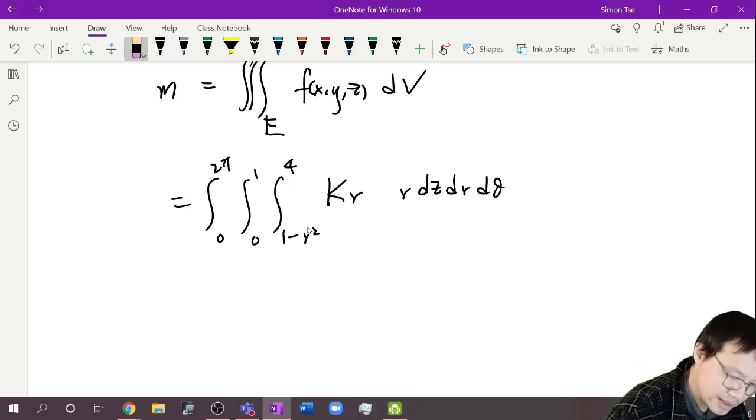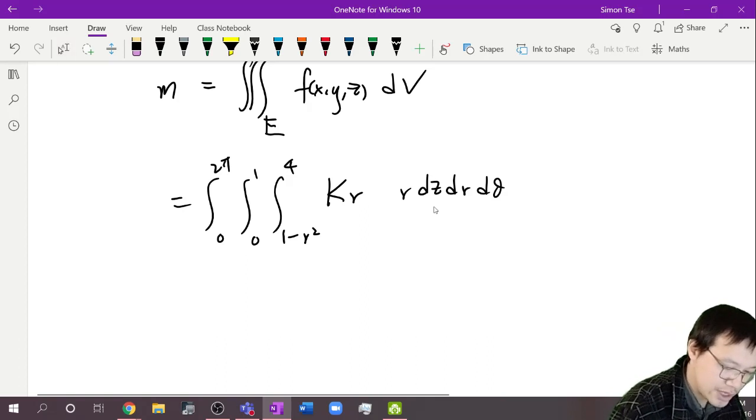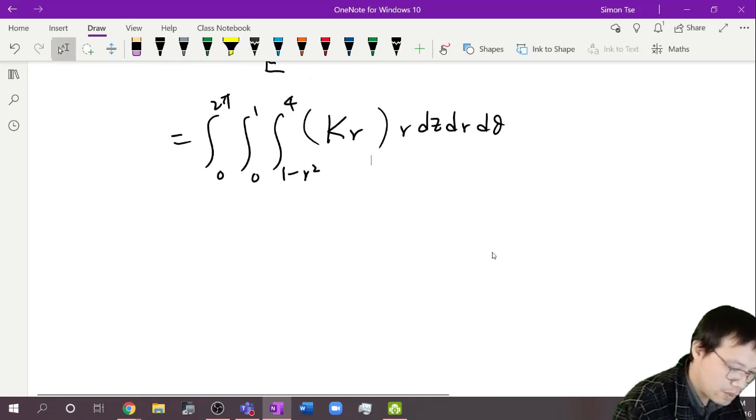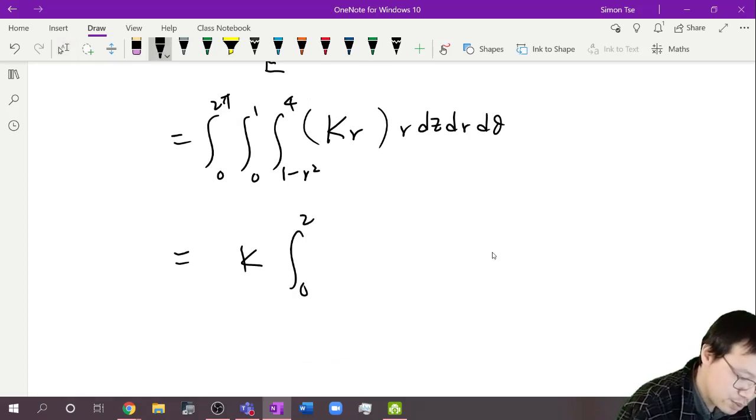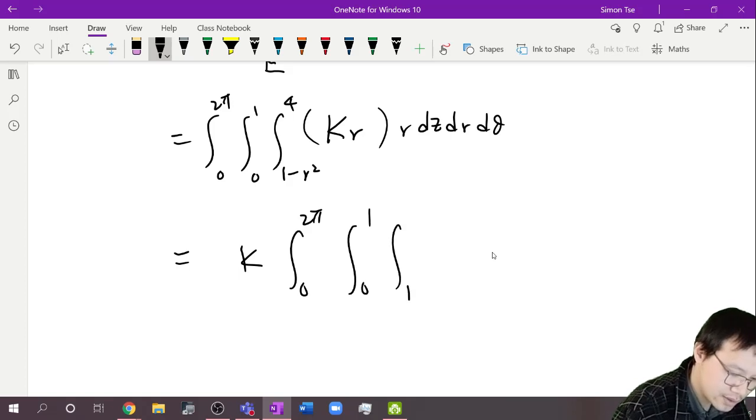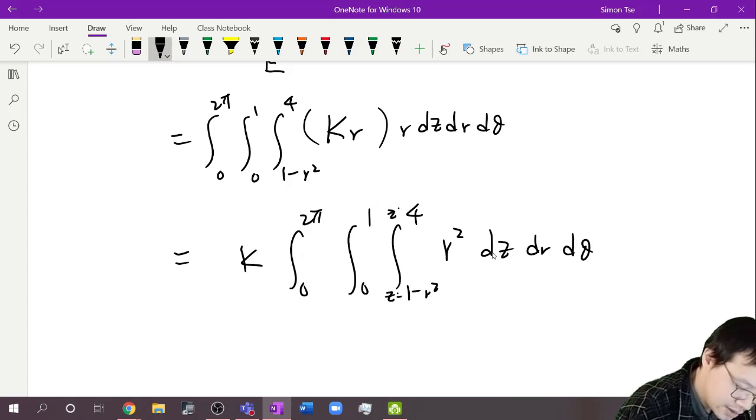Okay, so now I don't need the bracket to indicate the separation of them. So what we're doing here is just k times the integral from 0 to 2 pi, integral from 0 to 1, of r squared dz dr d theta. So this is the z function, and this is the r function.